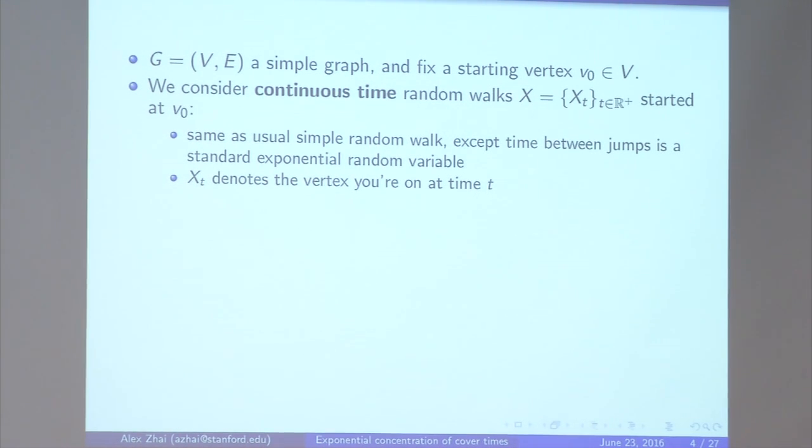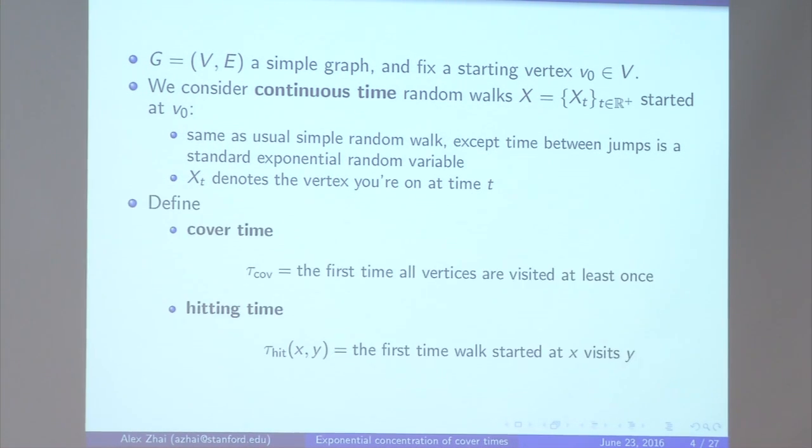The notation X_t is the vertex you're on at time t. You'll see in a minute why we do this, but it's not very different from the usual discrete time random walk.